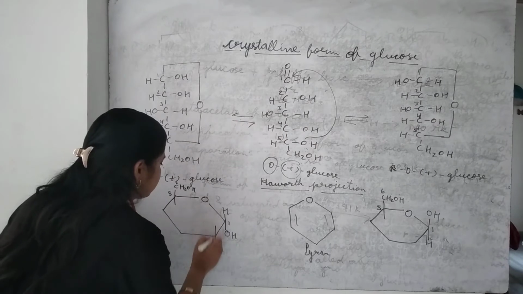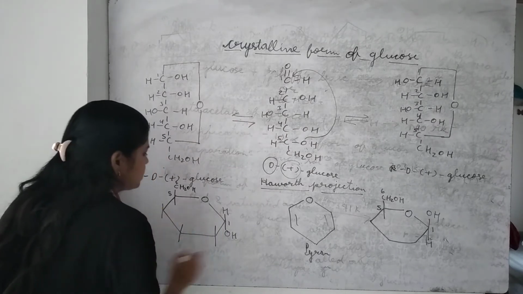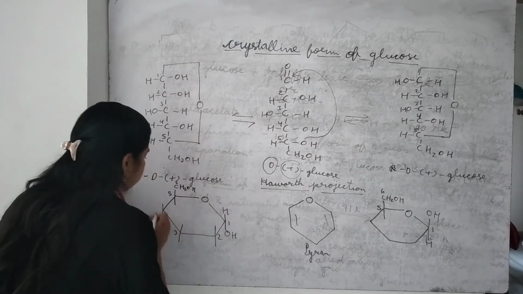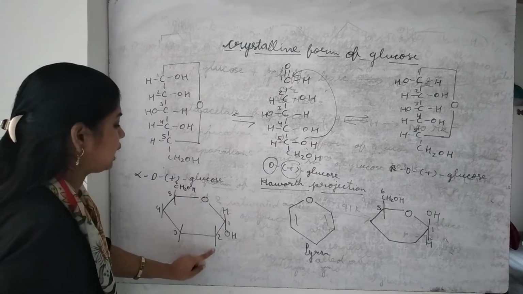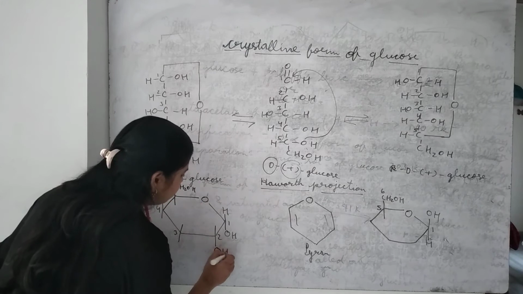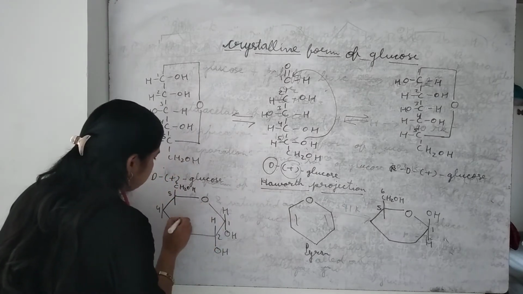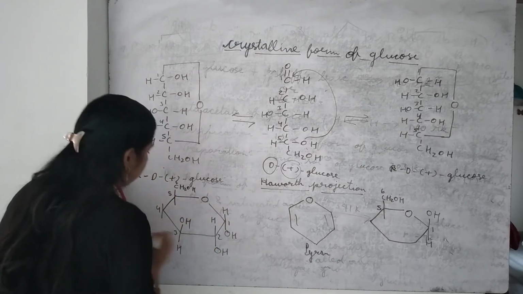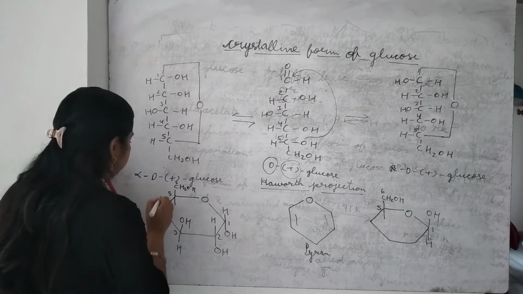Now all other structure will be similar as it is. This is second carbon atom, third and fourth. On second carbon atom, OH is on right hand side, so downward. Third one, left side, so upward. And then again it will be reversed.